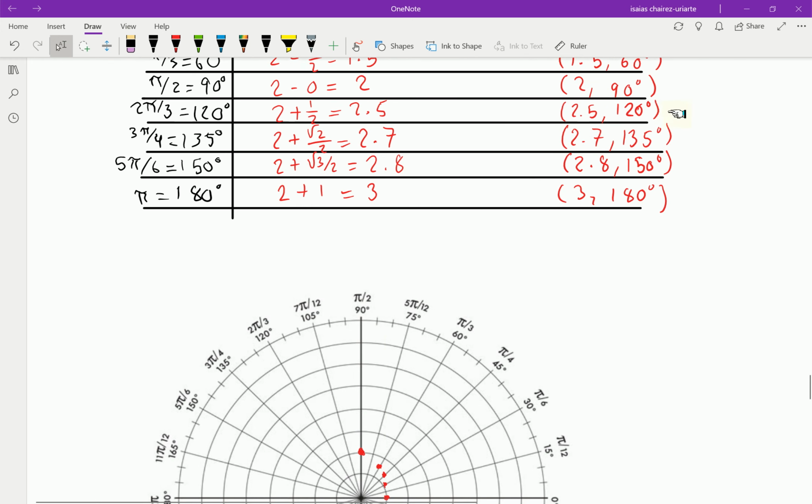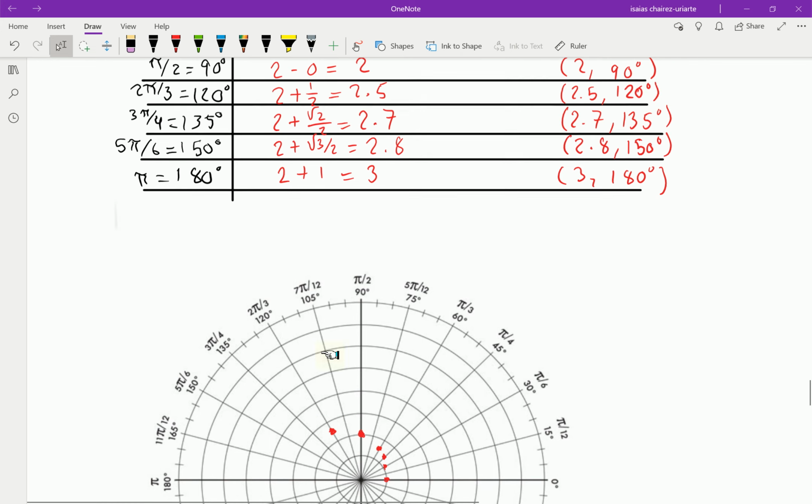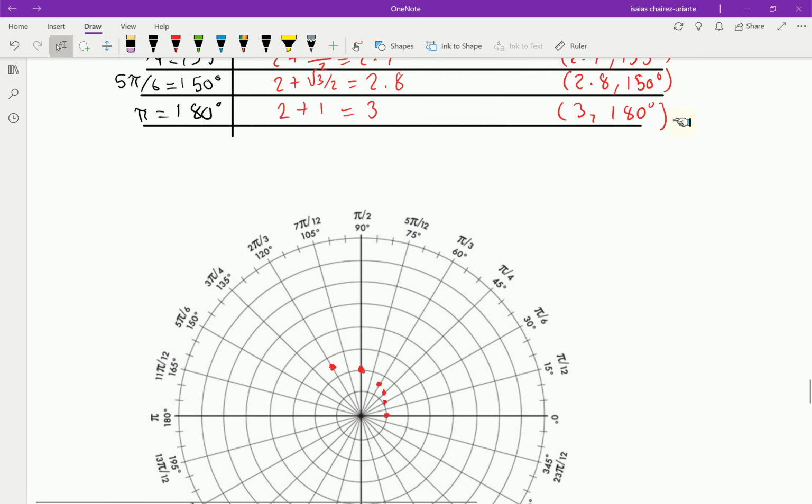2.5, 120. So 2.5 and 120. All right, so I'm right here. That's 2.5, 120, and then 2.7, 135 degrees. So 2.7, and then I have to go to 135. All right, somewhere right there, we'll say.